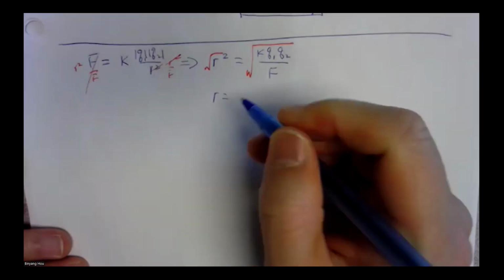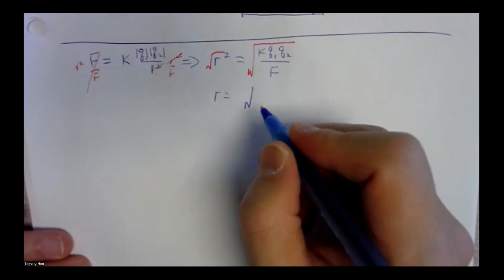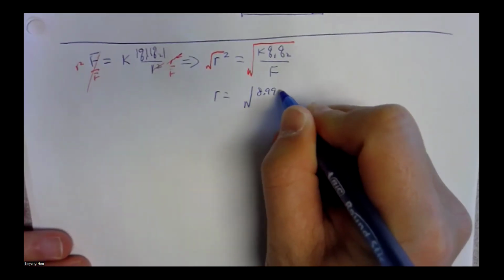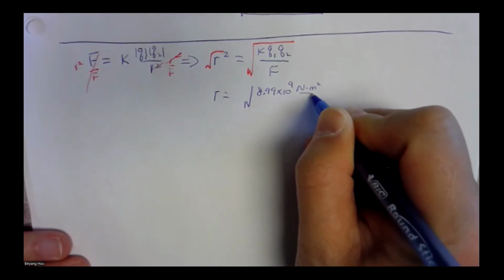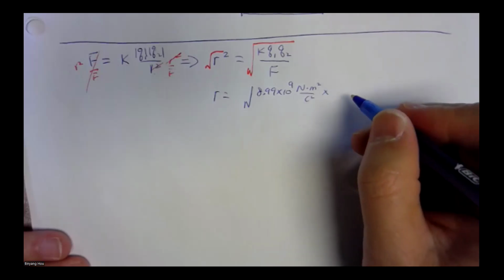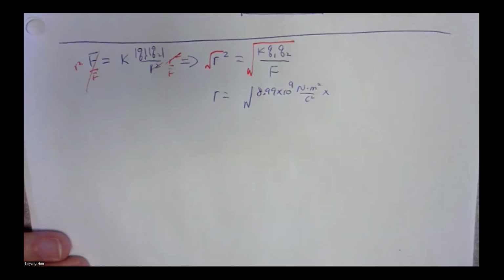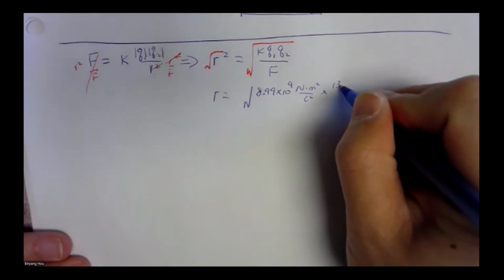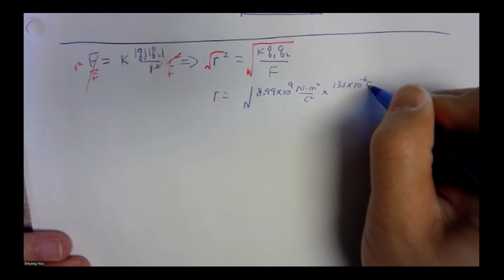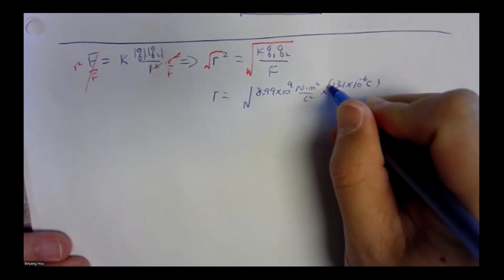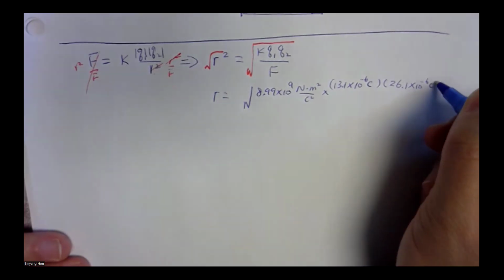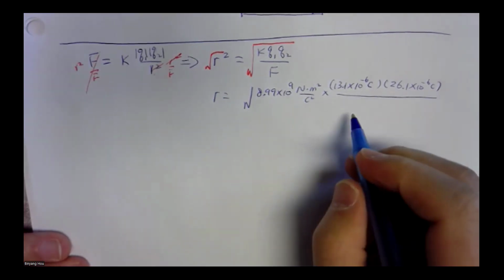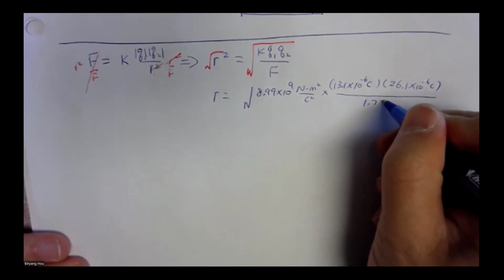So R equals the square root of K, the constant 8.99 times 10 to the 9th newton meter squared per coulomb squared, times Q1, 13.1 times 10 to the minus 6 coulombs, times Q2, 26.1 times 10 to the minus 6 coulombs, divided by the force given, 1.77 newtons.